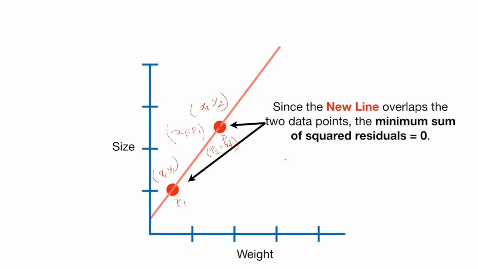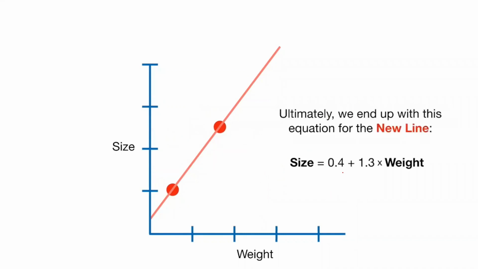When we take the sum of squares, (x1 minus p1) squared plus (x2 minus p2) squared, we get 0 because both are the same. So you can say that this is the best line.